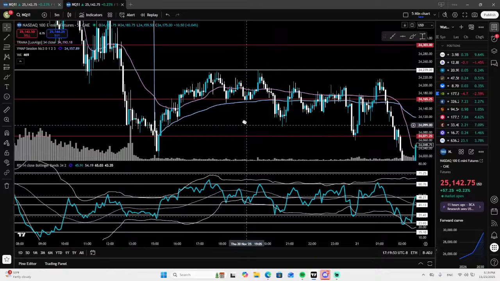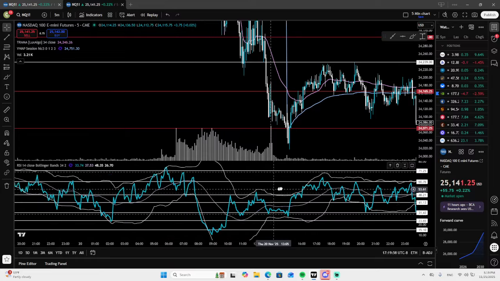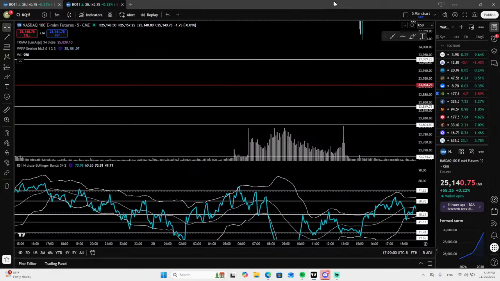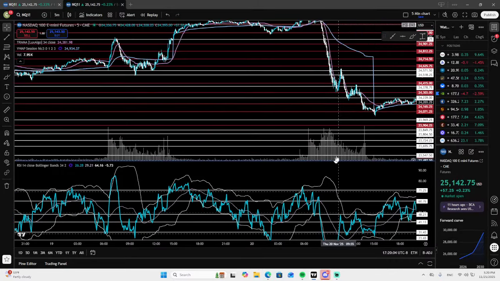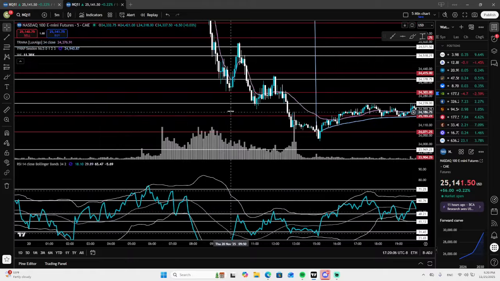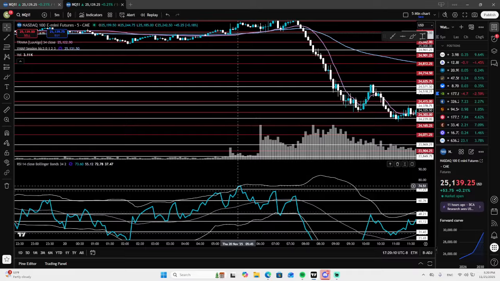For example, let me find one. Right here, look at this top divergence. I was able to catch a short this day.